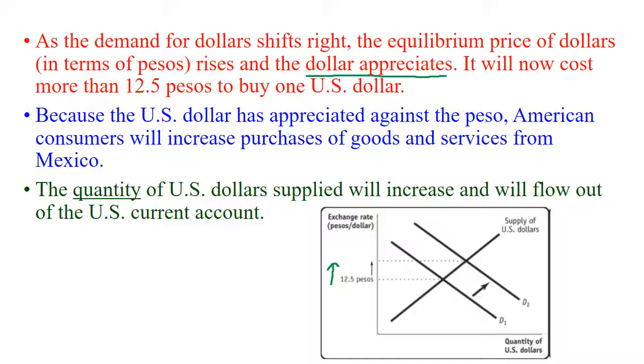So in terms of goods and services, if the dollar is appreciated compared to the peso, that means that Americans are now able to buy more products from Mexico at a cheaper price. A strong dollar will buy more Mexican goods.